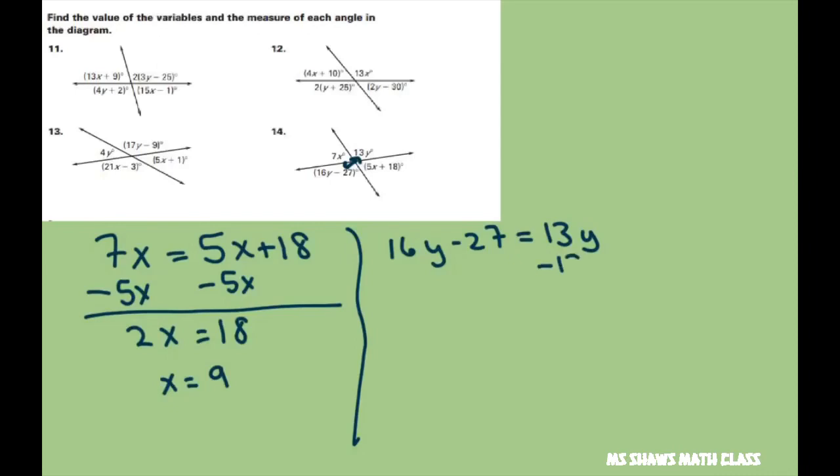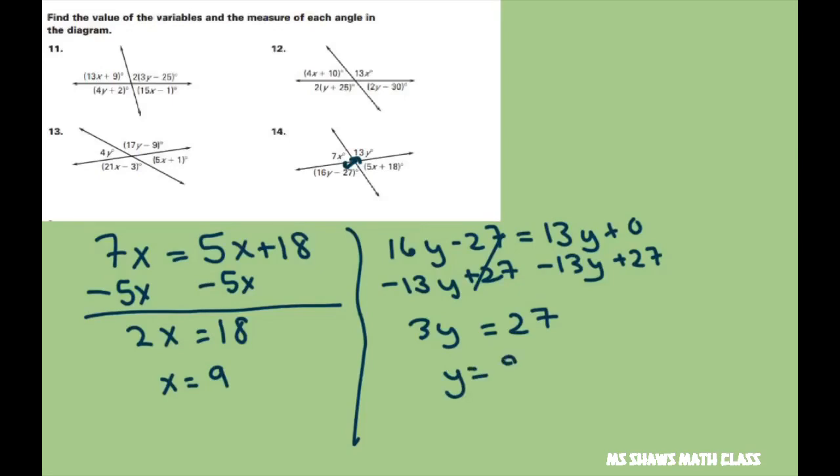Subtract 13y from both sides. Add 27 to both sides. You can put a plus 0 here if you want. So it gives you 3y equals 27. So y equals 9.